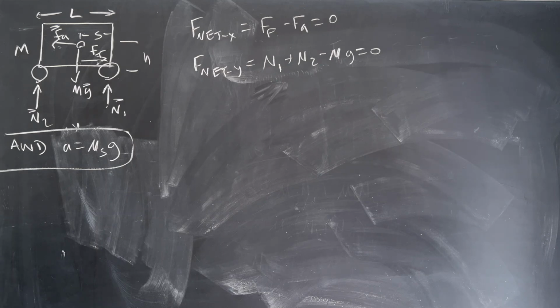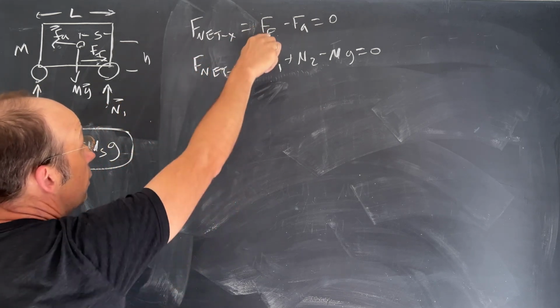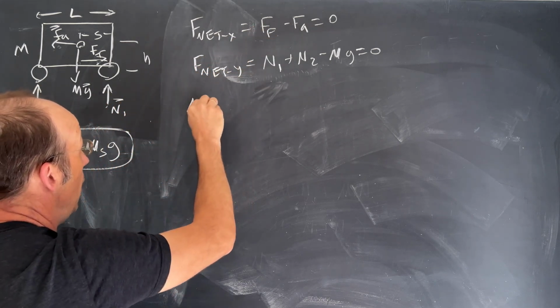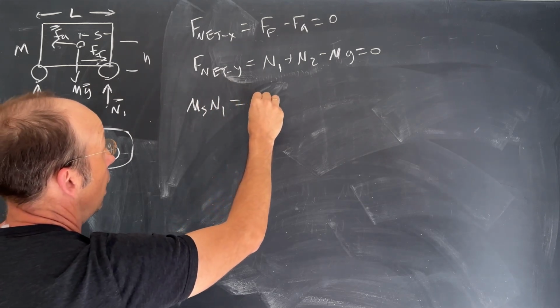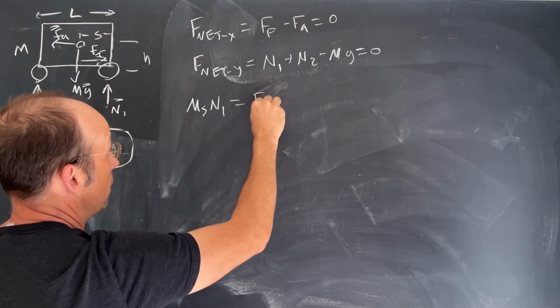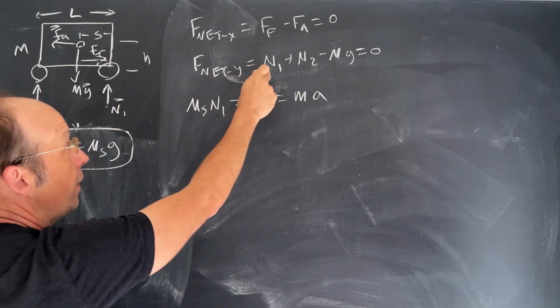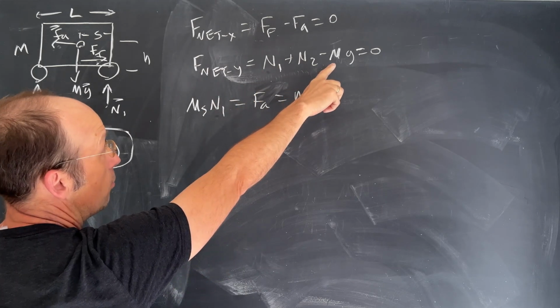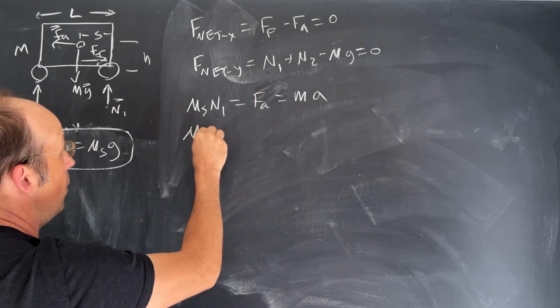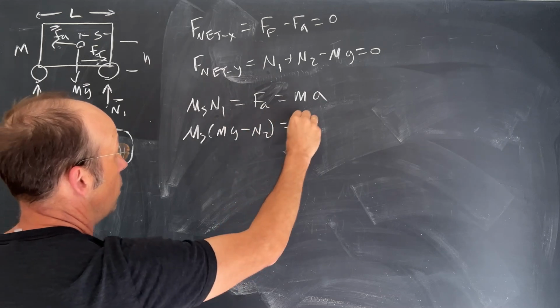Let's go ahead and just right up here, I'm going to say the frictional force is mu s times N1, and that's going to be equal to Fa, which is m times a. And then N1, if I solve this for N1 up here, I get N1 is going to be mg minus N2, so I have mu s times (mg minus N2) equals ma.